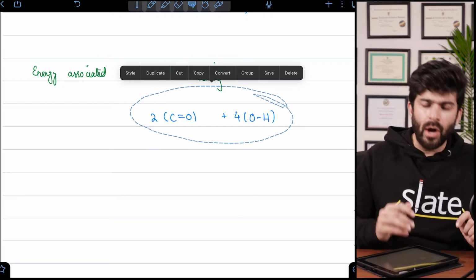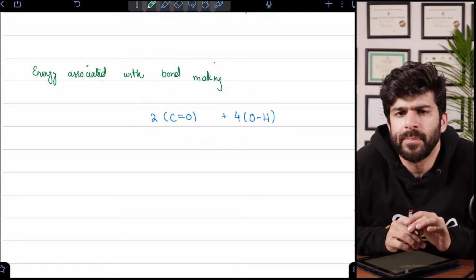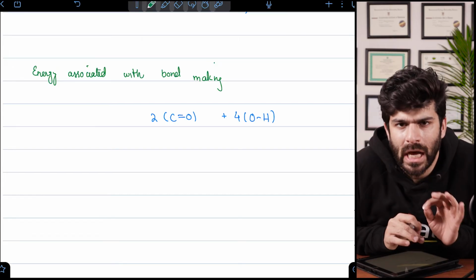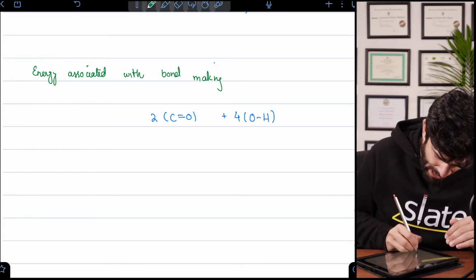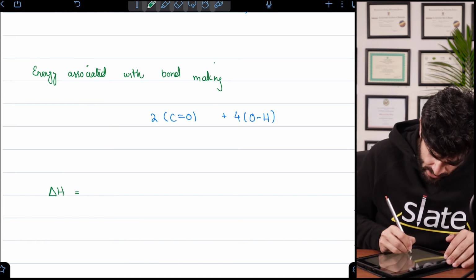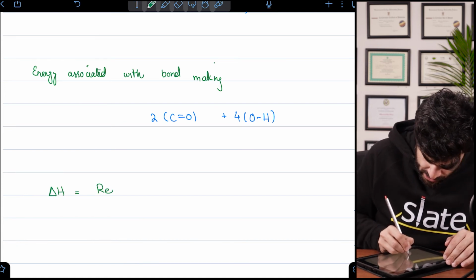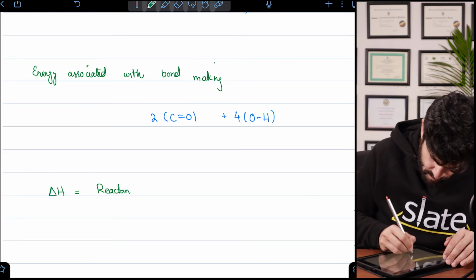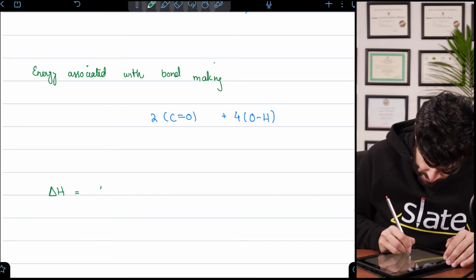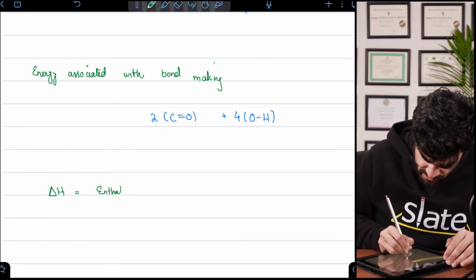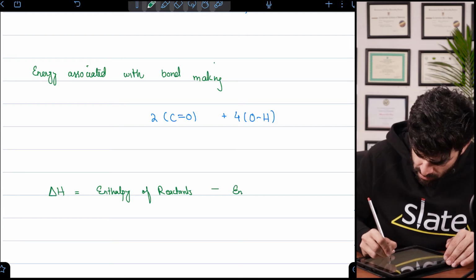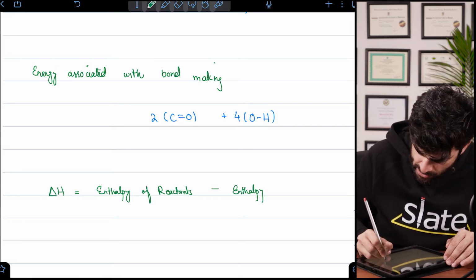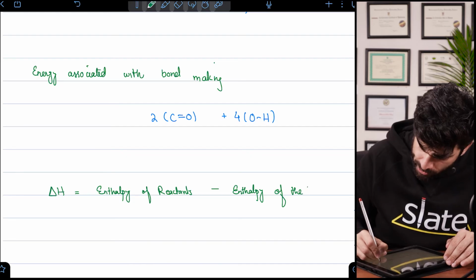Second step. Now, how to calculate the enthalpy change here? This is just the half of the question. In order to calculate the enthalpy change, it is always the total enthalpy of the reactants minus the enthalpy of the products.